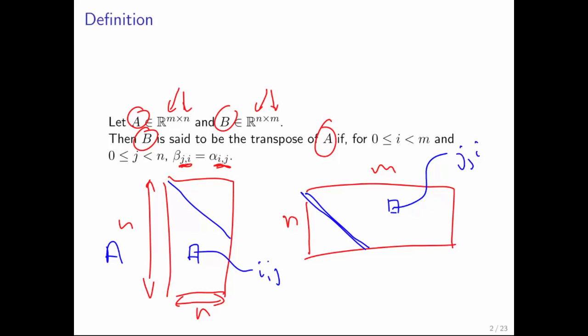And what it says is that the ji entry of B is equal to the ij entry of A. Okay, in that case, B is said to be the transpose of matrix A.